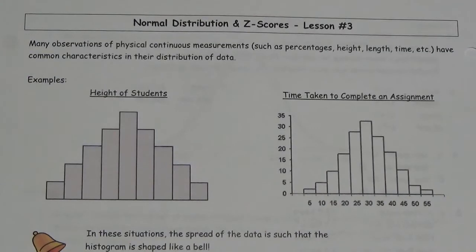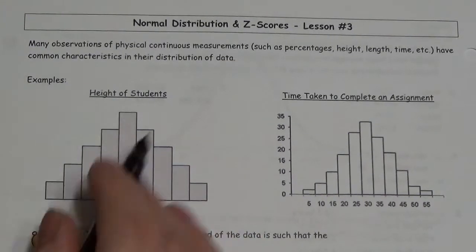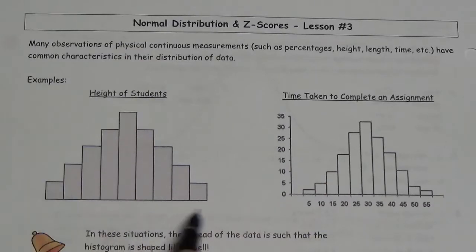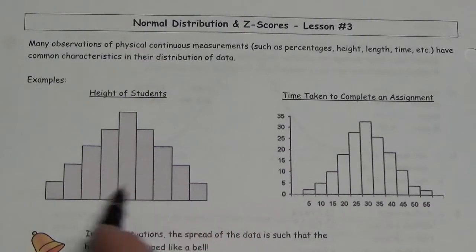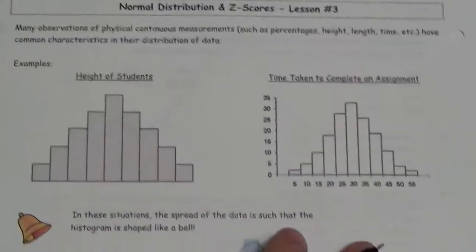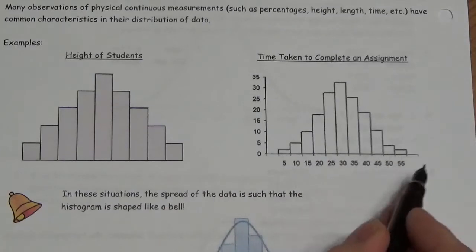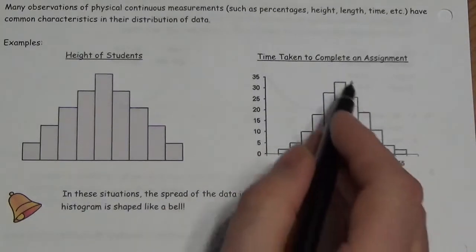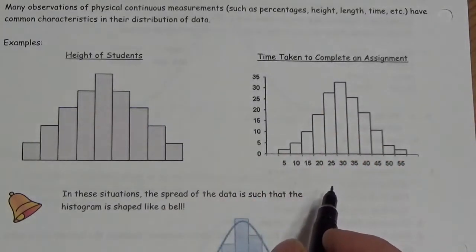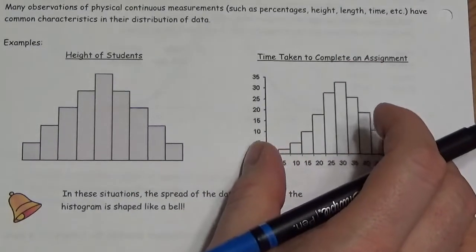If you've got enough people in the population that you're studying, there's going to be a few that are quite short, a few that are quite tall, but most people are going to be grouped around the average height. Most people, when they're doing their assignments, some are going to be really quick, some are going to take a really long time, but most people are going to be gathered around the average, okay? And that's what the graphs tend to look like.